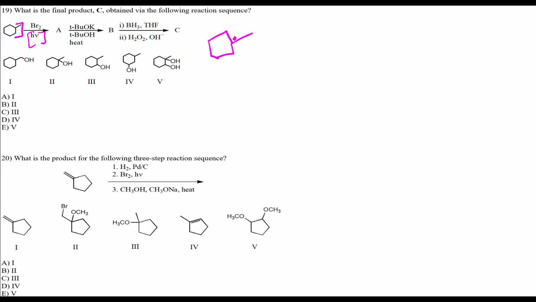So here's my radical. It's then replaced with 1 bromine right there. Okay, so that's done. We now move on to the second one. It shows me that we're going to use a very strong base, right? Because it has a metal, it's also big and bulky because it's t-butyl. There's heat, so that's going to be an E2 reaction favoring a Hofmann.